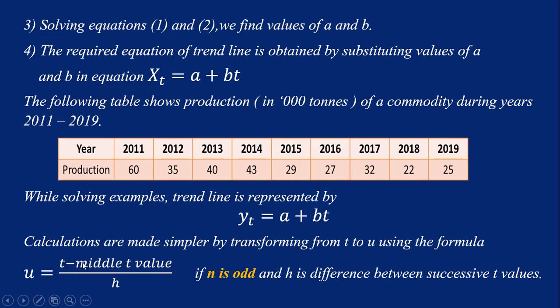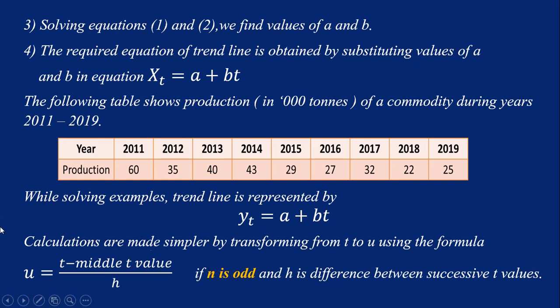U is equal to t minus middle t value upon h if n is odd, and h is the difference between successive t values. Now the values of t are 2011, 2012, 13, 14 and so on. The difference between 2011 and 12 is 1, 2012 and 13 is 1. That is, h is the difference between successive t values. Here h is 1. Now n is odd.